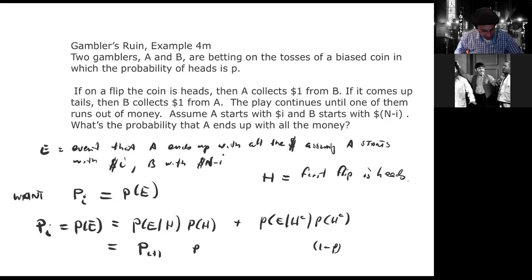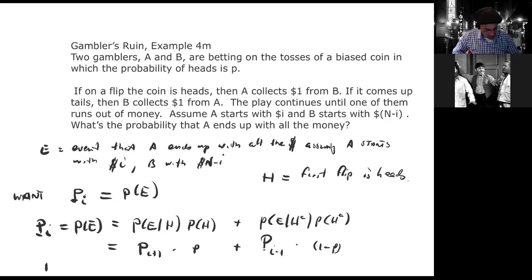So it's P sub I plus 1, and this is an uppercase P I want it to be, times P, plus, okay, so what is P of E conditioned on H complement? By similar reasoning, this would be P sub I minus 1. A starts off with I minus 1. Okay, so that's it.